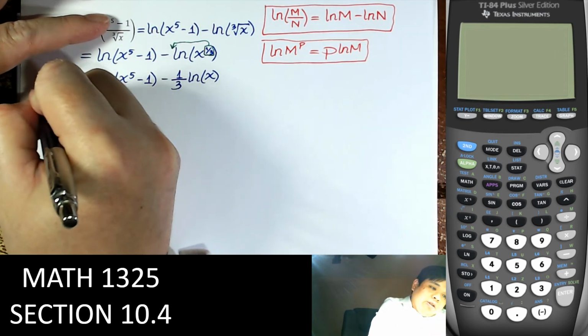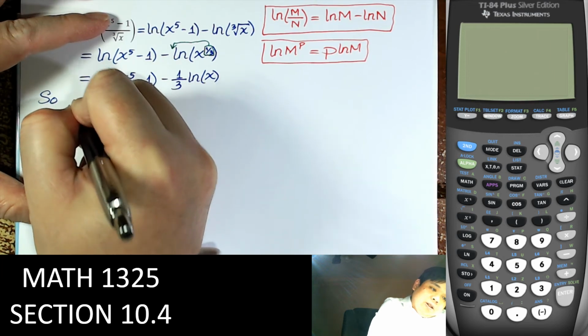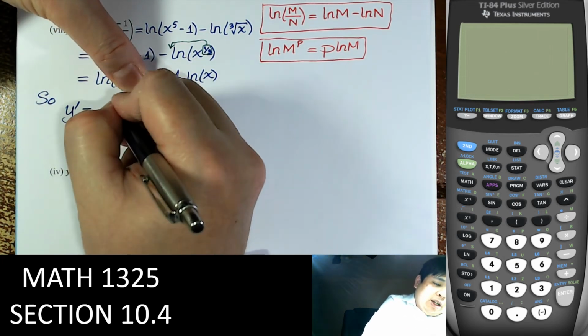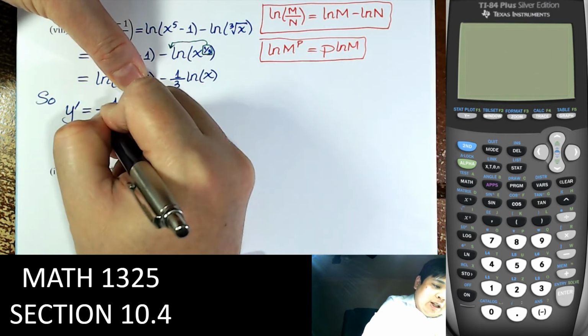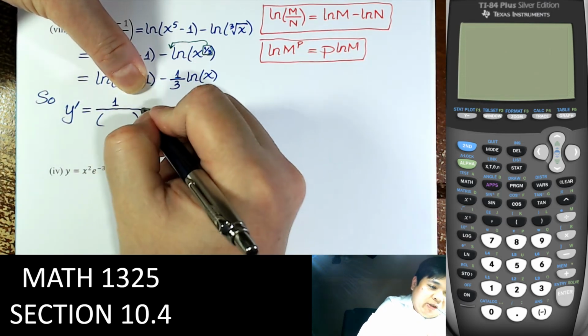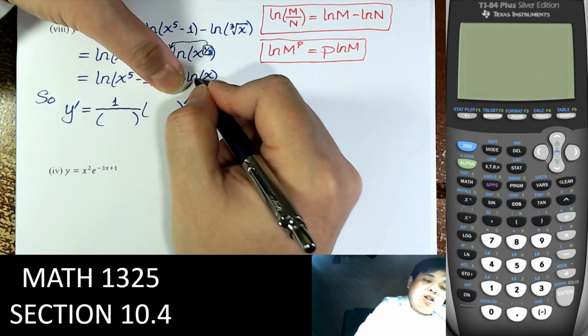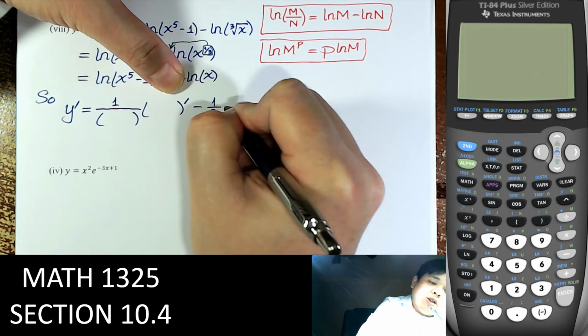Now we take the derivative. The derivative of ln of something is 1 over that, the reciprocal of that, times the derivative of the parentheses. This is just ln of x, so the derivative is just 1 over x.